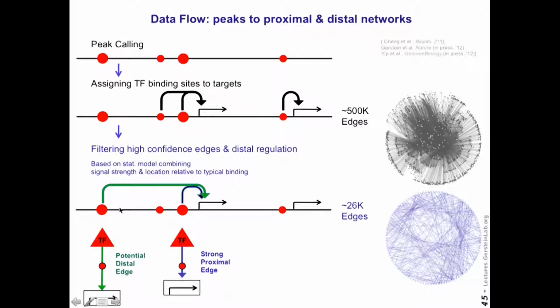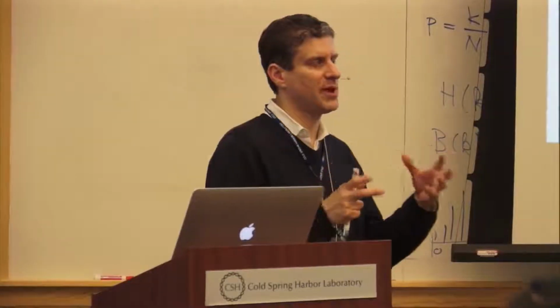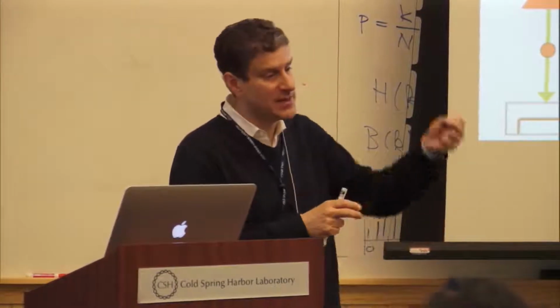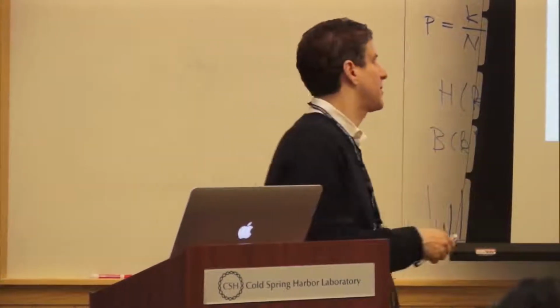Well, that binding site could be located in a region that people call a distal enhancer, a place that's far away from a gene, but maybe the DNA loops in a certain way, or somehow it exerts a kind of action far away on the level of expression of the gene.